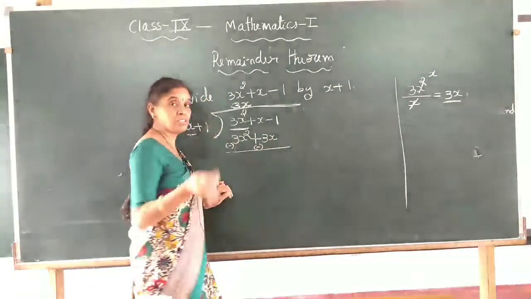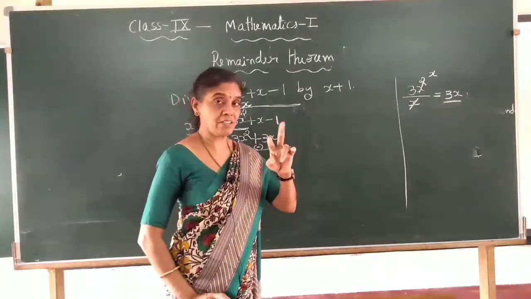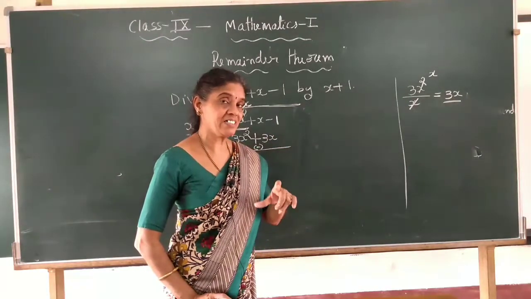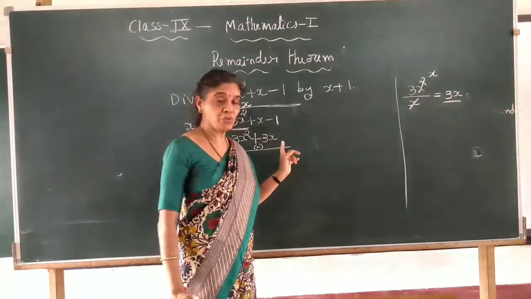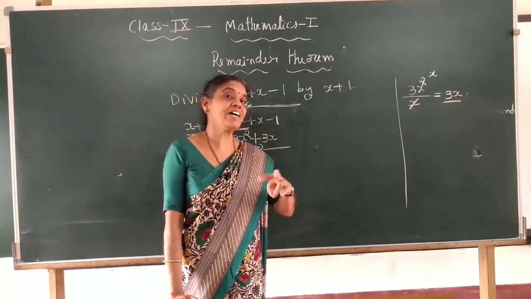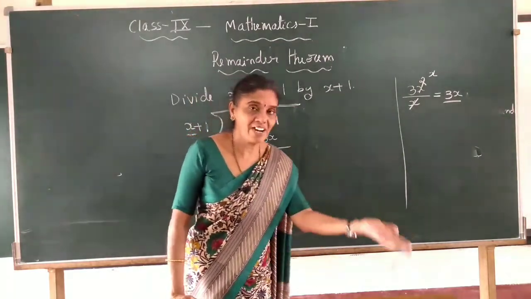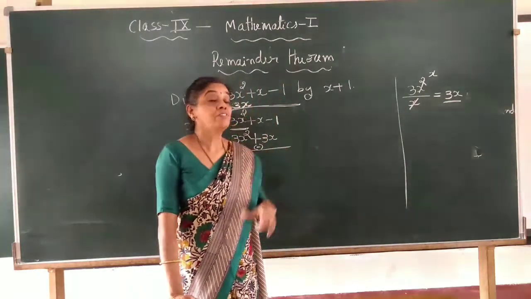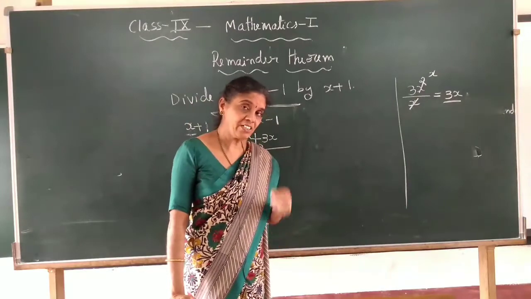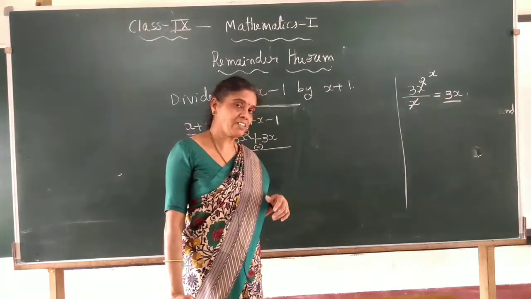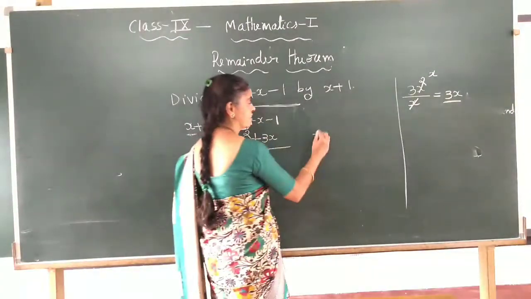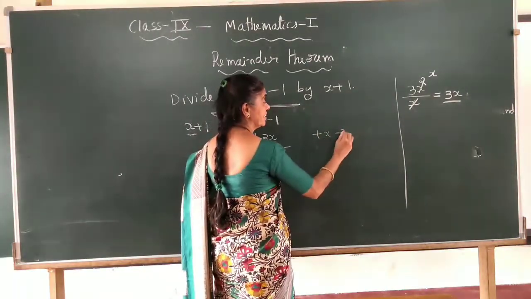When the two terms have two different signs, even though they are like terms x, you have to do the simplification. But if they have the same sign, you have to add. And if they have different signs, you have to find the difference and write the sign of the bigger number. That is the rule in algebra. Now plus x and minus 3x.